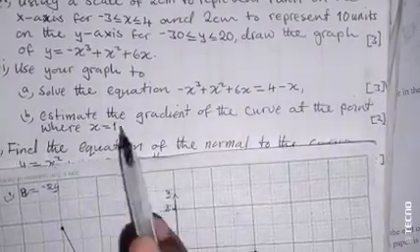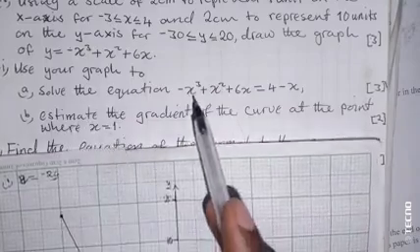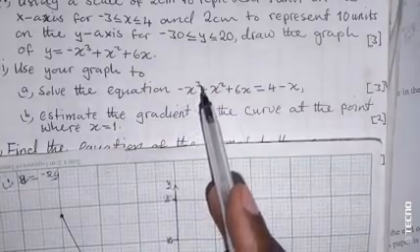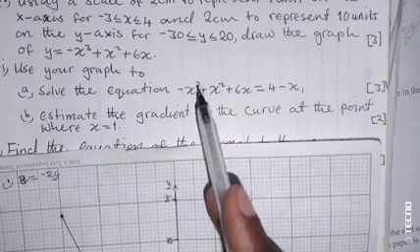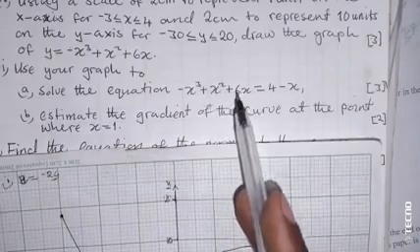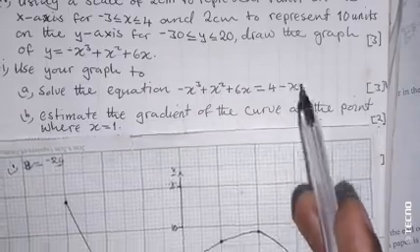We have this equation again. Solve the equation: negative x cubed plus x squared plus 6x is equal to 4 minus x.